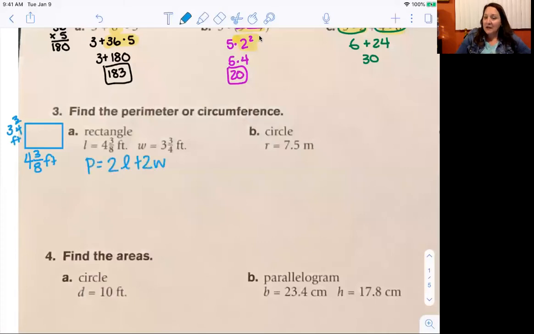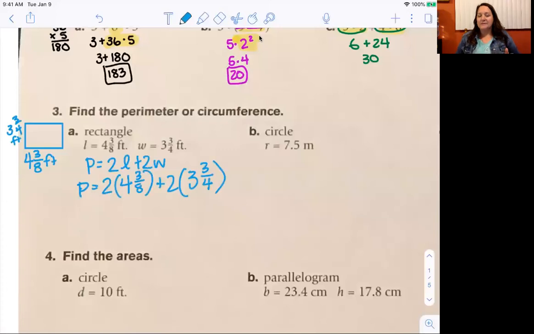So now we'll just plug in what we have. P equals 2 times 4 and 3/8 plus 2 times 3 and 3/4. Now, the easiest way to do these is to change the 4 and 3/8. You could change them to decimals if you wanted to and multiply. What I want to try today is to change them to an improper fraction and multiply that way.